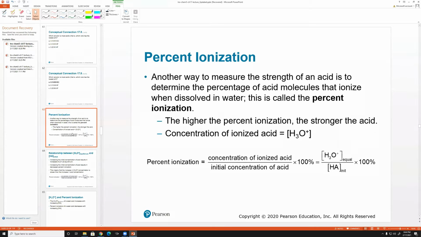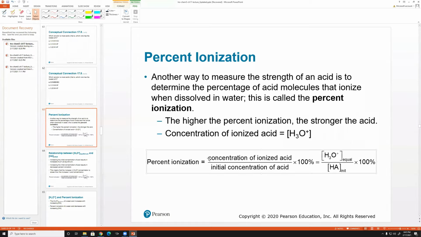The pKa is the opposite. It's kind of like pH. pKa and pH work the same, meaning if it's lower, it's more acidic. If it's higher, it's more basic. For percent ionization, you could imagine, the lower the percent ionization, the weaker the acid, meaning most of it is not going to be ionized. It's going to stay in the reactant. And you can figure out percent ionization from doing the ice charts.